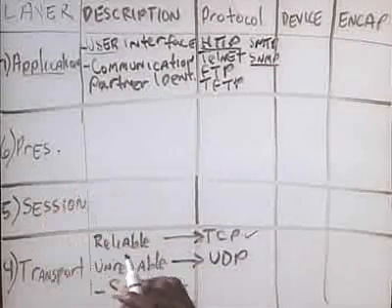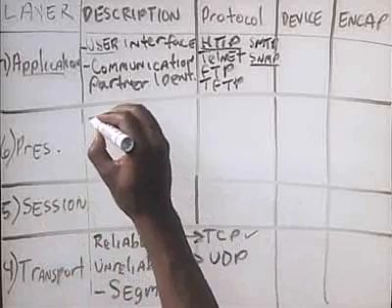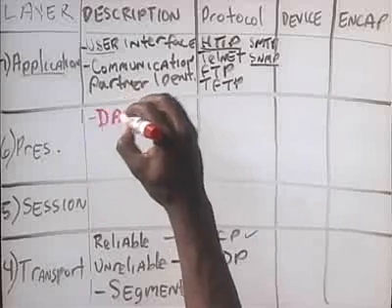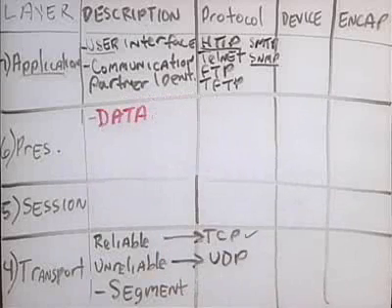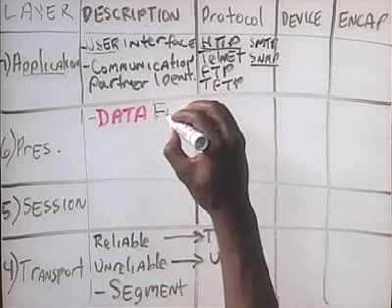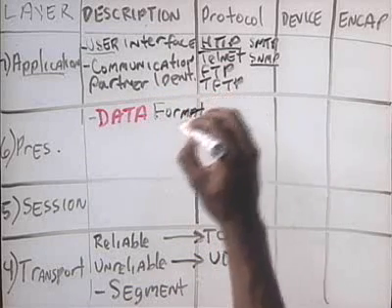Layer 6, the presentation layer, is involved with the data format. This is the layer concerned with how the data is presented. So a good keyword here would be format.